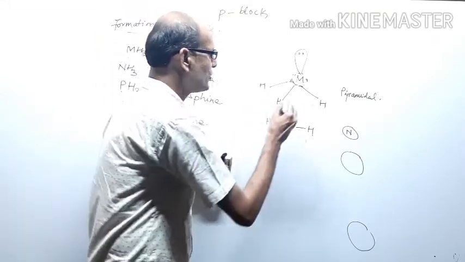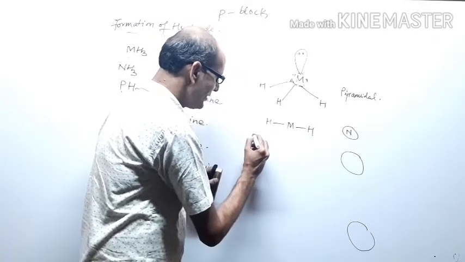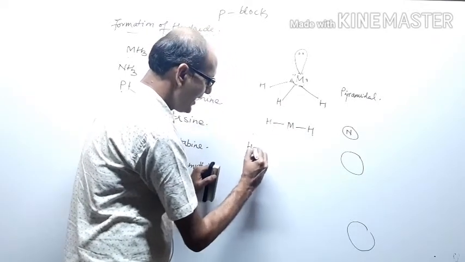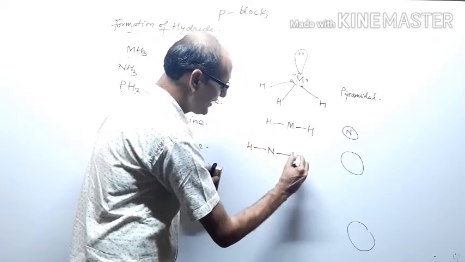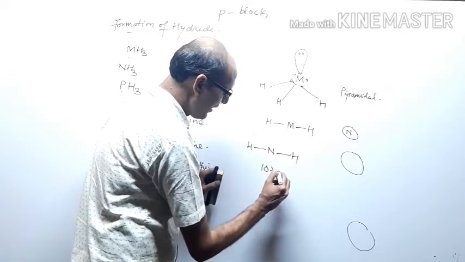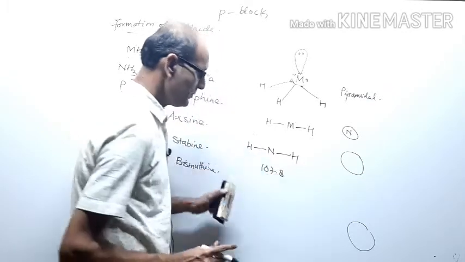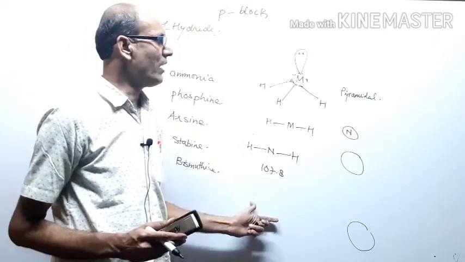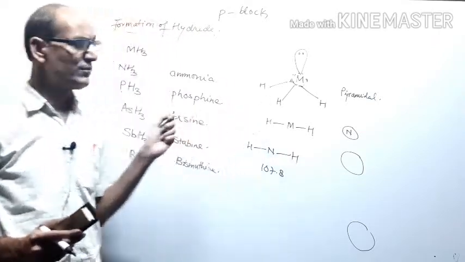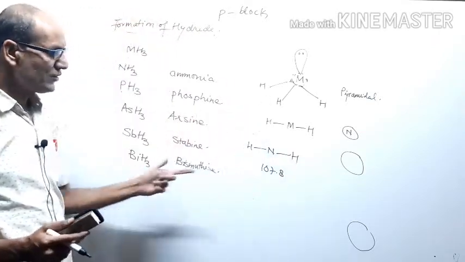In ammonia, the HNH bond angle is 107.8 degrees. While going downside from ammonia to bismuthine, the bond angle decreases.